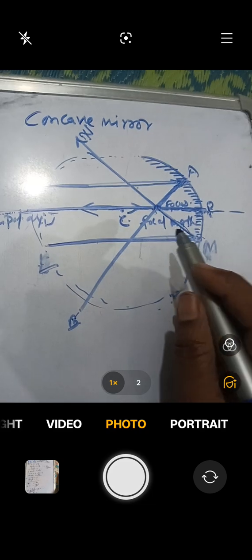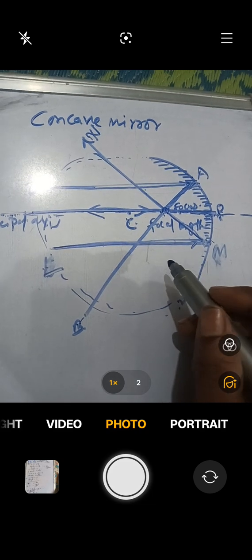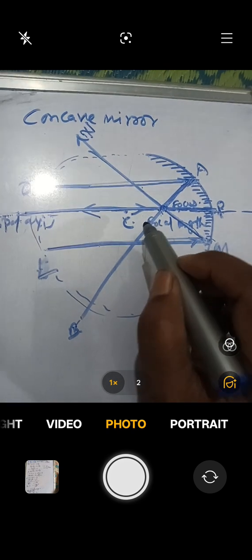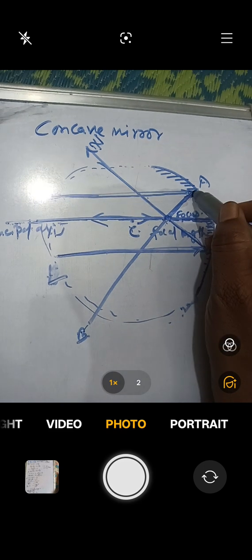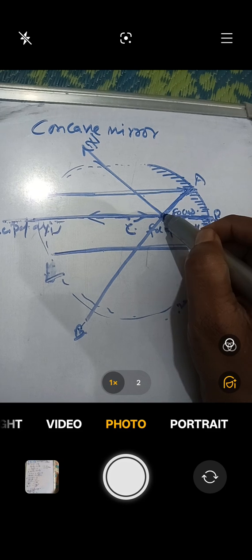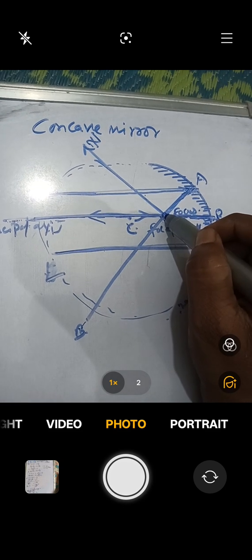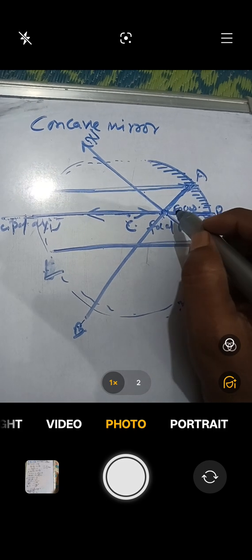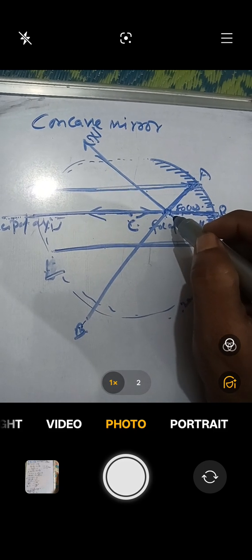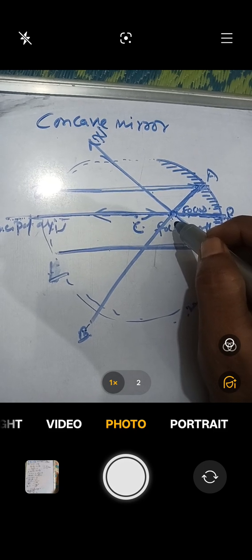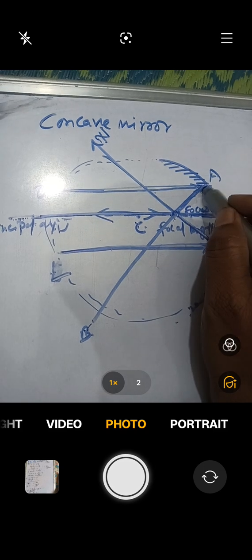That is why a concave mirror is also called a converging mirror. Due to the convergence of different rays of light to a common point, the focus, the intensity of light increases. If you check it in your school laboratory, you use a concave mirror on a paper, you will see that the different beams of light passing through the concave mirror go onto the paper and burn it.